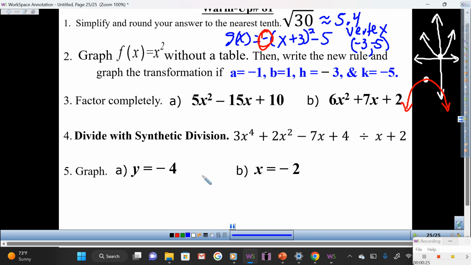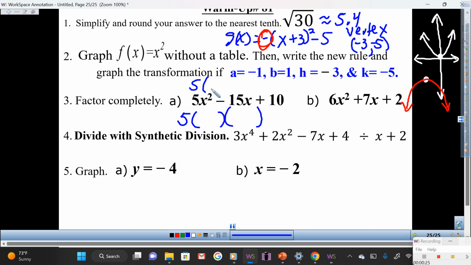Number three, factors for number three. Tell your neighbor before Jalen passes someone. Factors for number 3A. Pass someone. Jalen. Diego. Rosas. Go. 5 parentheses, parentheses. All right.